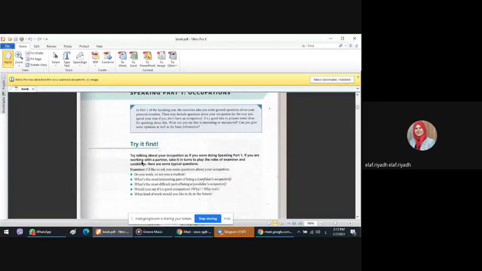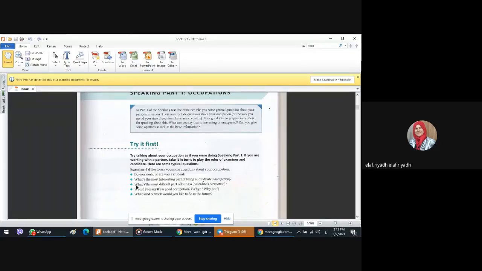If you are working with a partner, take turns to play the roles of examiner and candidate. So you should do a role play, with an examiner and a candidate. Here are some typical questions.